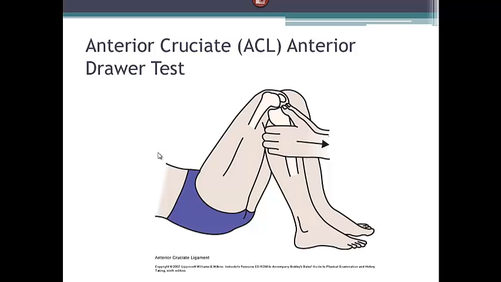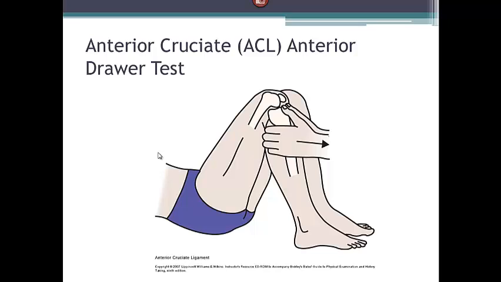The examiner should sit close to the foot to steady it. The examiner then grabs the leg just below the knee with both hands and jerks the tibia forwards. Any abnormal forward mobility of 2 centimeters or more is suggestive of rupture of the anterior cruciate ligament.